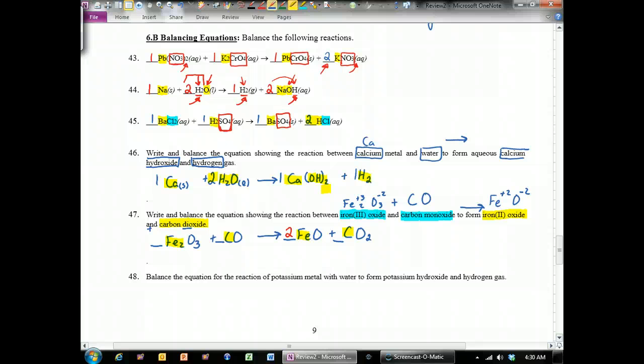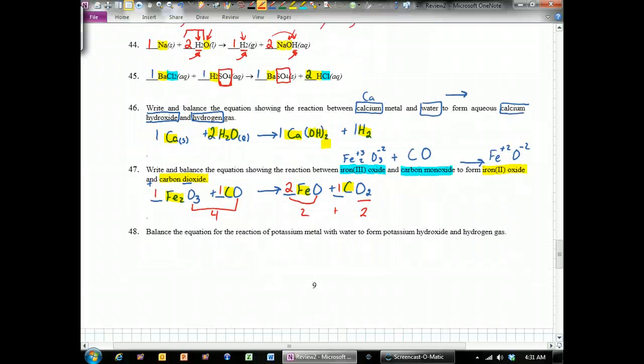So then I'm going to look at my oxygens. I find that I have 3 plus 1, that's 4 over on this side. Over here I have 2 plus 2, so I have 4 on the product side. So everything's balanced, 1, 1, 2, 1 for my coefficients.